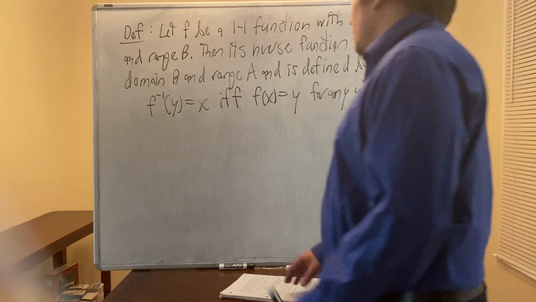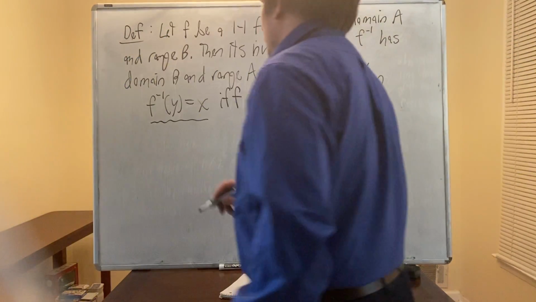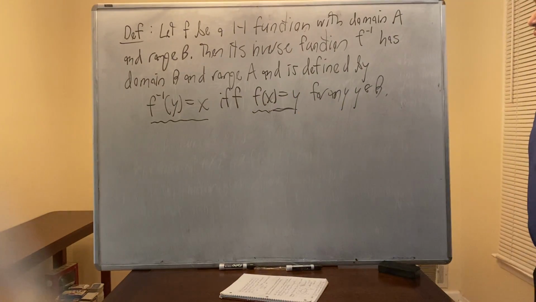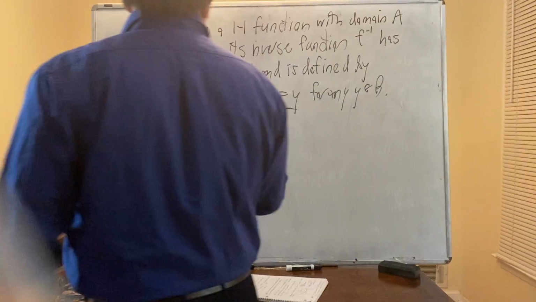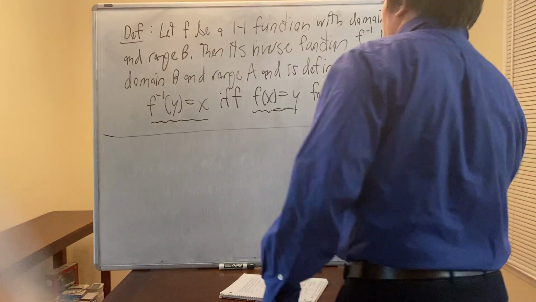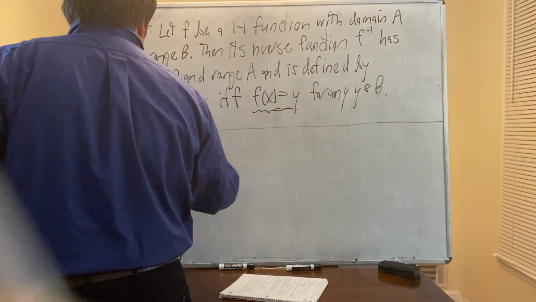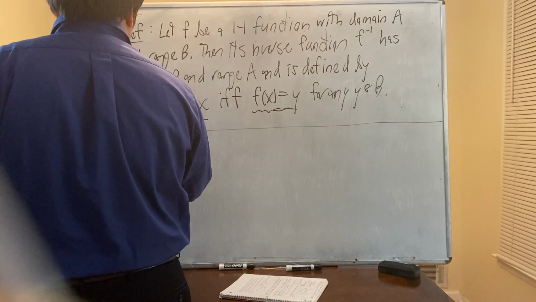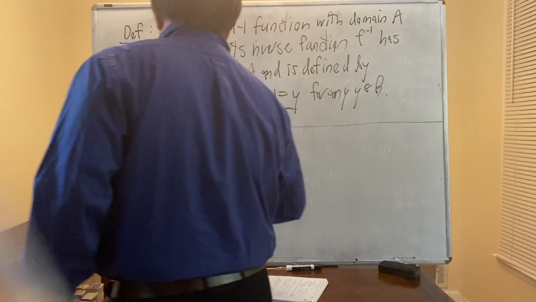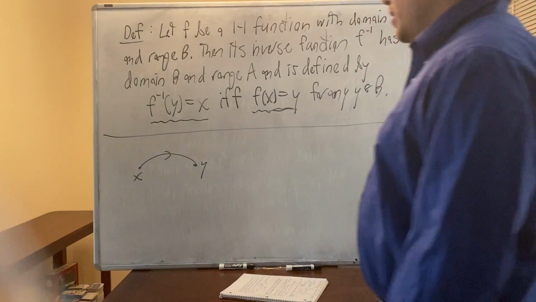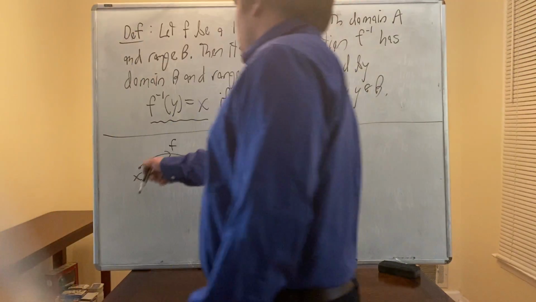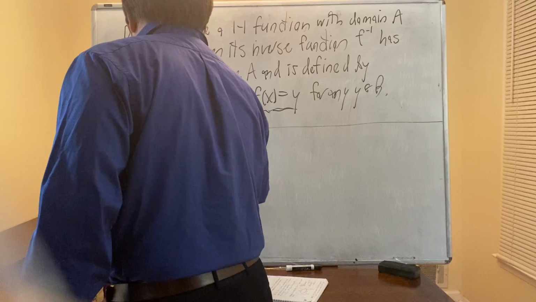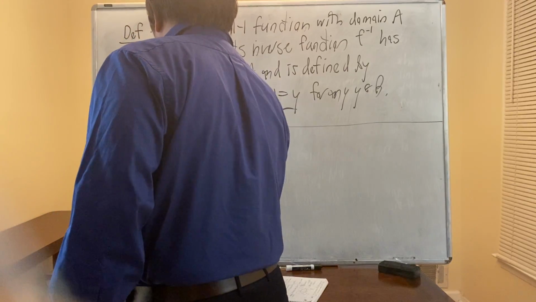So this defines the function, and it says that the statement that f inverse of y is equal to x has the same truth value as f of x equals y for any y in B. So what that means is, above the line is the definition, and I'll illustrate a little bit here. If you have x in your domain set, and f maps x to y, equivalently, you'll have an f inverse that maps y to x.